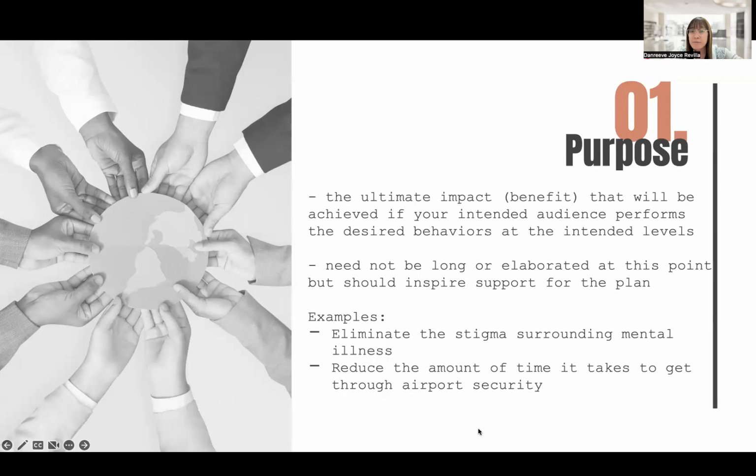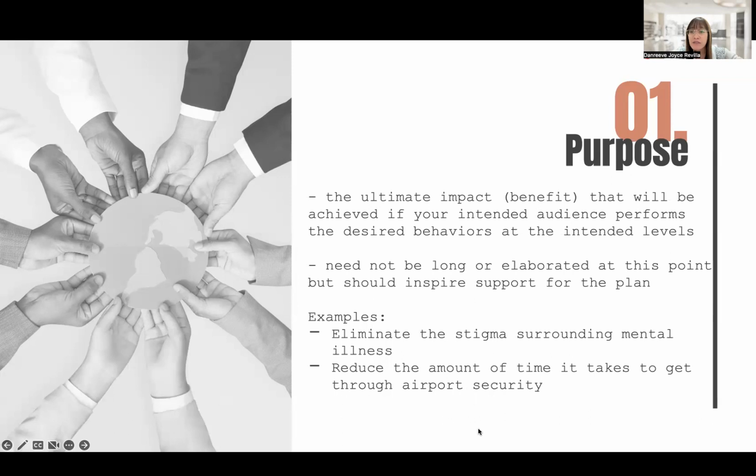It is the ultimate impact or benefit that will be achieved if your intended audience performs the desired behaviors at the intended levels. So it need not be long or elaborated at this point, but it should inspire support for the plan. So purpose should not be confused with objective and goals because it is a broad statement of the campaign.